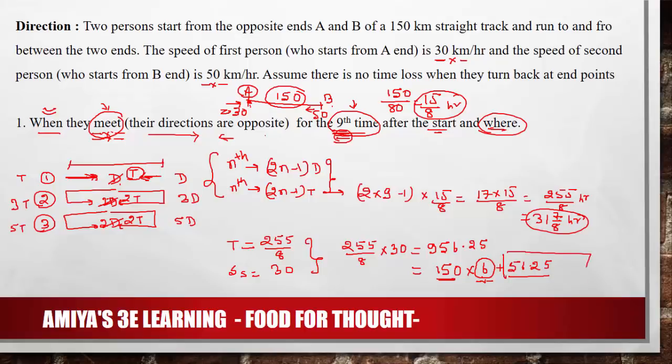So the answer of the second part, where, is 56.25 from A. I hope this one is clear. So the answer of the first part, when, is 31 7 by 8 hours. The answer of the second part of question number 1, where, is 56.25 from A. I hope this one is clear. Now solve the second question on this data.